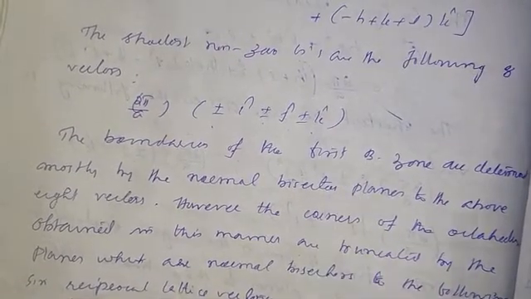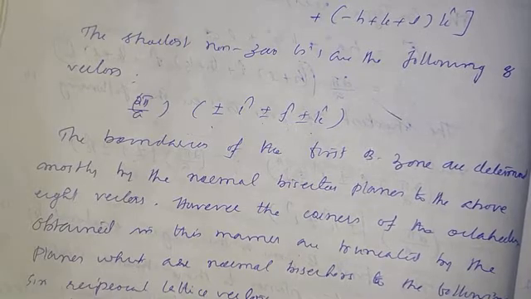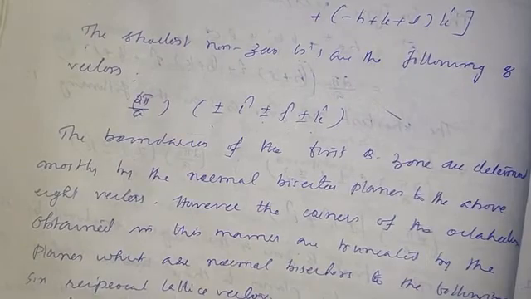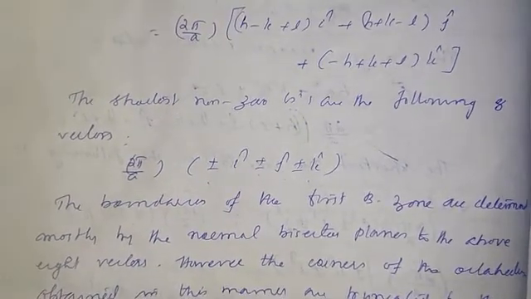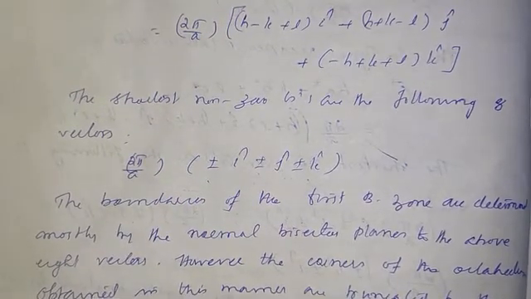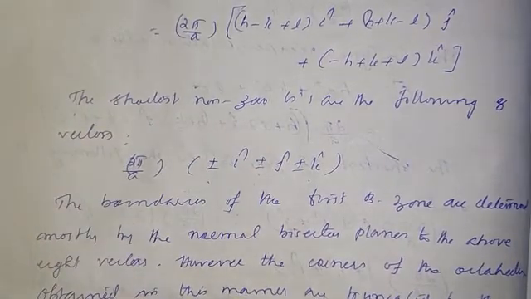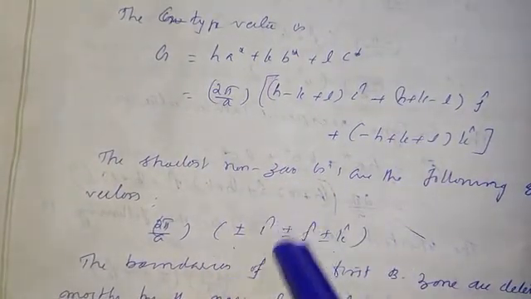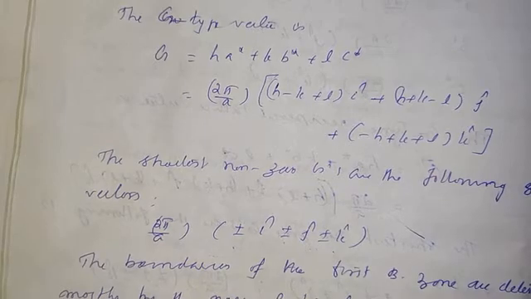So we will get the boundaries enclosed by these 8 vectors, truncated by the planes which are normal bisectors to the following 6 reciprocal lattice vectors. This is how we construct the Brillouin zone for FCC lattice. If you want, you may write down these vectors in your notes, and you can construct these vectors and see how this will appear.